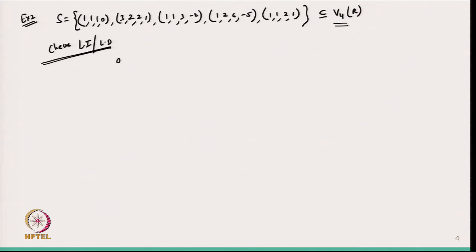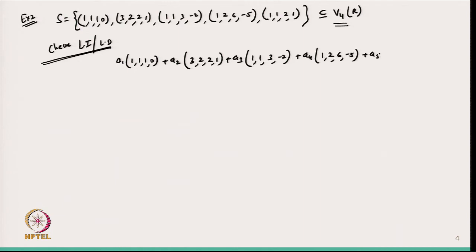So, I will just take A1 times the first vector plus A2 times 3 2 2 1 plus A3 times the third, plus A4 times the fourth and A5 times the fifth. So, I am taking 5 elements from here and putting them in a linear combination. And as we have done in the previous example, the same way we can find here.